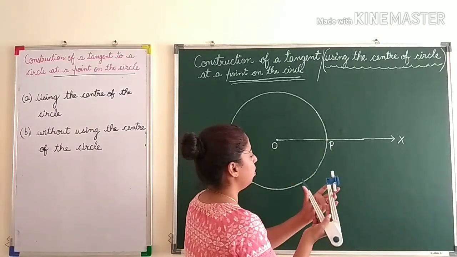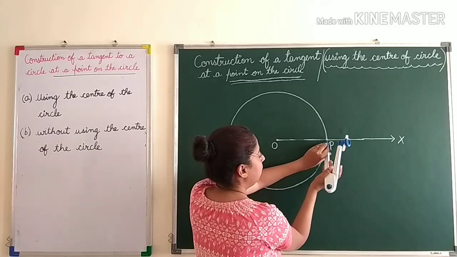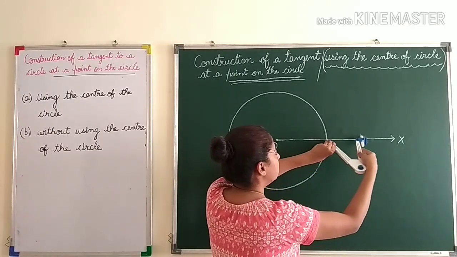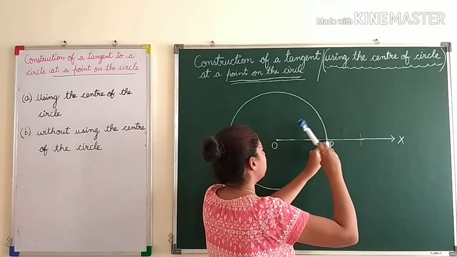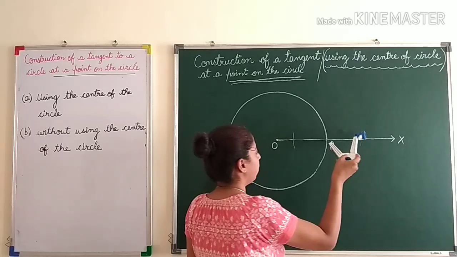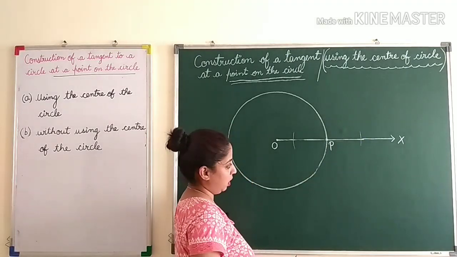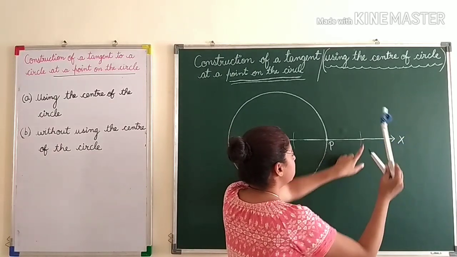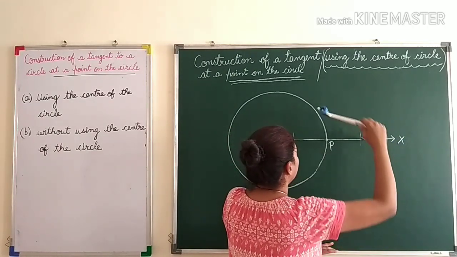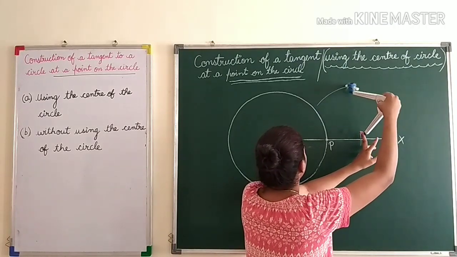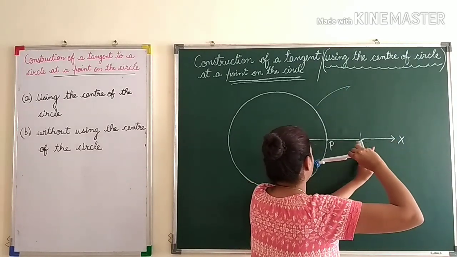Now keep your compass at P, stretch it and mark 2 points on either side of P. Okay, so we have marked 2 points on either side of P. Now we can change the measurement. From this point, draw an arc, from this point, draw an arc, on both the sides.